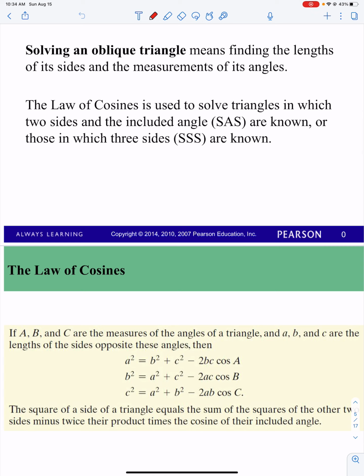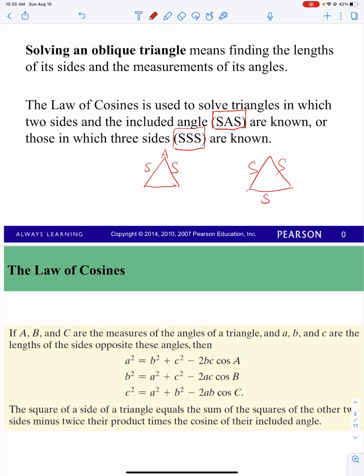For the law of cosines, the kind of triangles we want to solve here are SAS and SSS. What does SAS mean? Two sides and the angle in between. SSS means you are given all three sides, and no angles are given. For both of these cases, you do not have a pair.